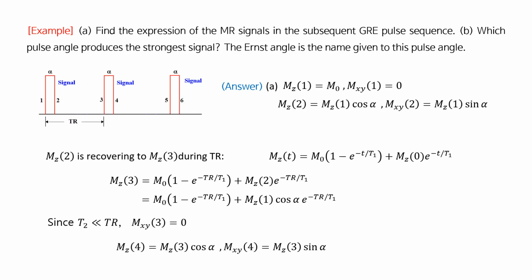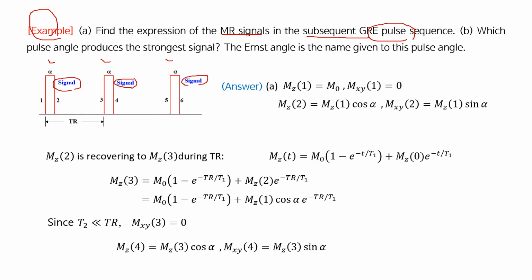Now let's see some examples regarding what we discussed so far. For example 1. Find the expression of the MR signals in subsequent GRE sequences. So there are 3 GRE sequences, and in each process we can get the signal.